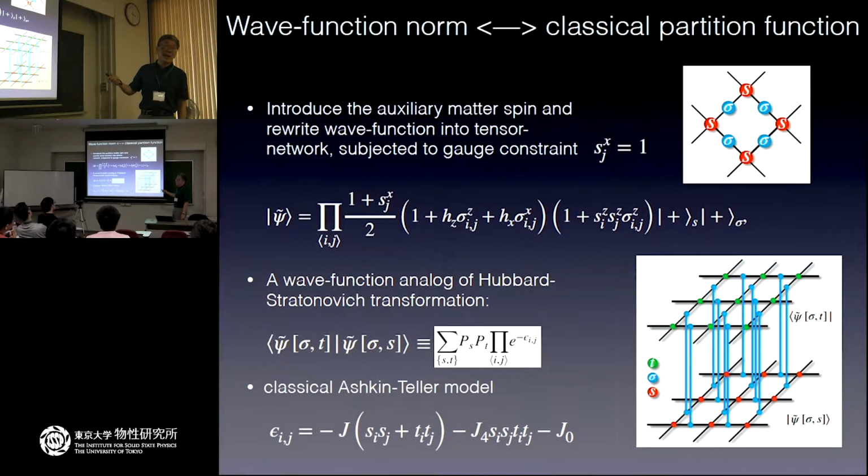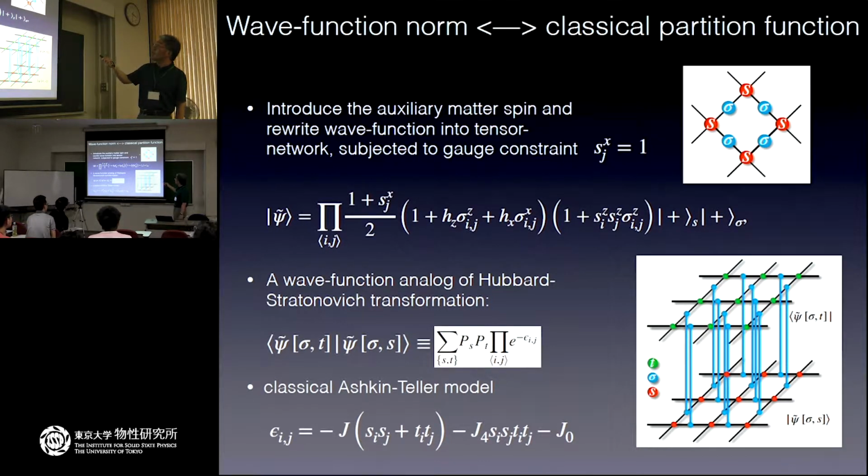Here I will introduce our work on this problem. Our contribution is that we rewrite the previous deformed wave function into a tensor network wave function. Here I show you: the toric model is defined on a square lattice, with the Pauli spin sitting on the edge of the square lattice.